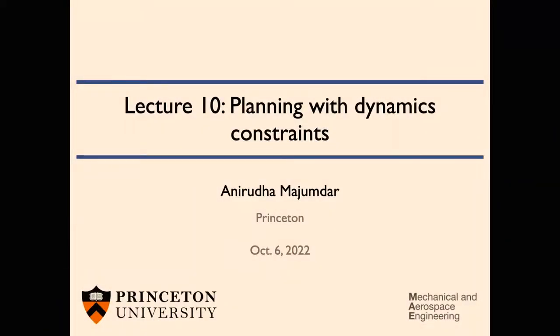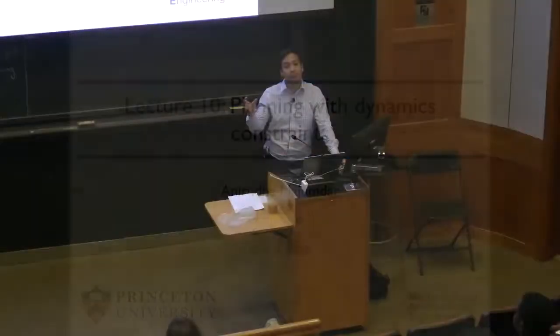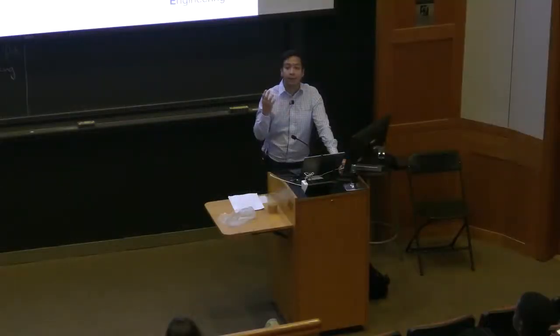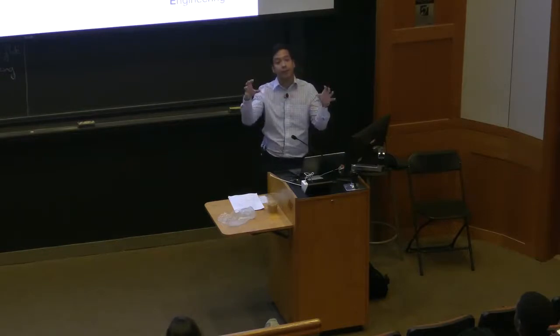All right, so the general approach we're going to take to bake dynamics constraints into our motion planning algorithms will be to start with the RRT algorithm and modify it to handle dynamics constraints. As a quick reminder, the RRT algorithm is an iterative algorithm that operates in the configuration space. So we're growing a tree in the configuration space of your system.